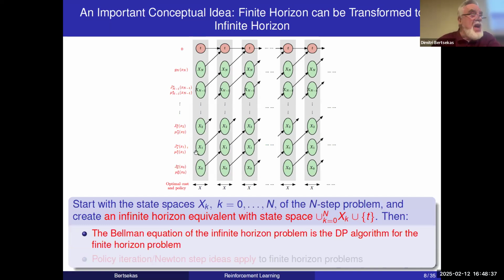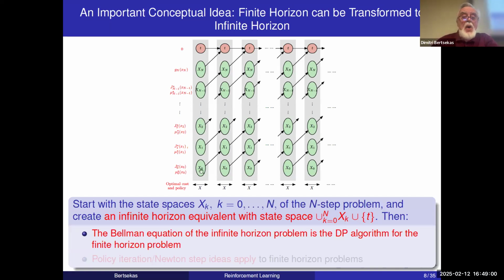Well, it's the tail subproblem. This problem here is the tail subproblem that starts at x1. And this problem here, the sequence of transitions and cost generations that start from here, are the corresponding transitions of the tail subproblem that starts at stage x2.